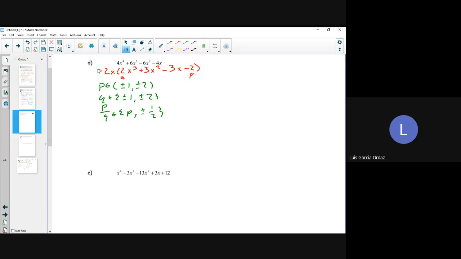So we need to pick either a factor from P or a factor from P over Q that when you sub it into the polynomial expression, it gives us 0.